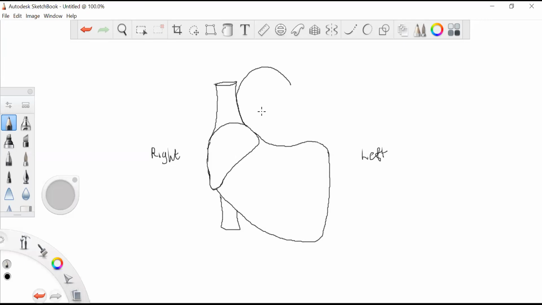Okay, so roughly at the boundary, we're going to sketch the pulmonary vein. Roughly here, we're going to sketch the position of your pulmonary vein. For your information, the pulmonary vein emerges here.